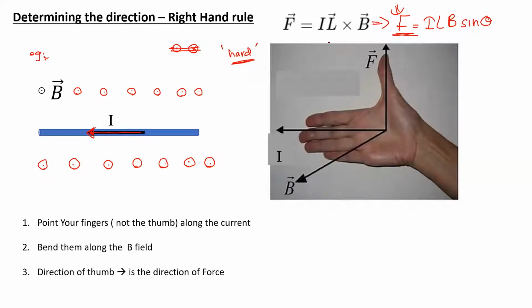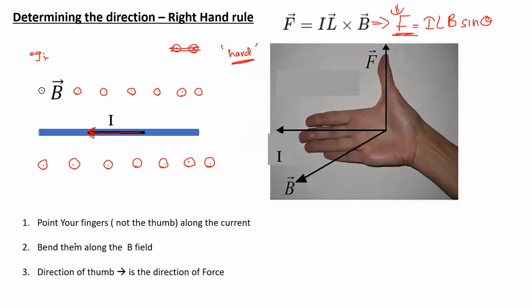Your first step is take your right hand. If you use your left hand, your answers will be completely wrong. So make sure you are using your right hand because it is a right hand rule. Next step is point your fingers, not the thumb, everything else. I have written down the steps.